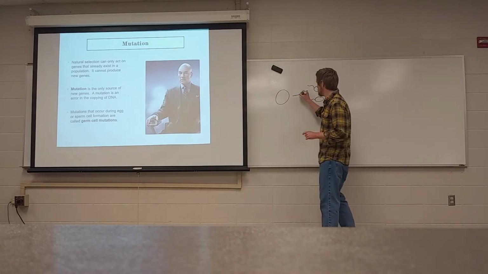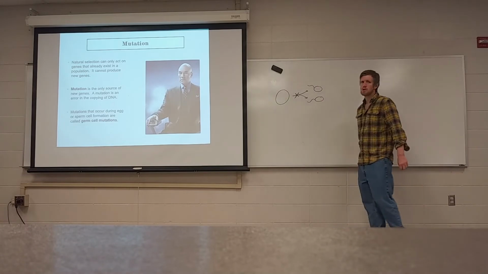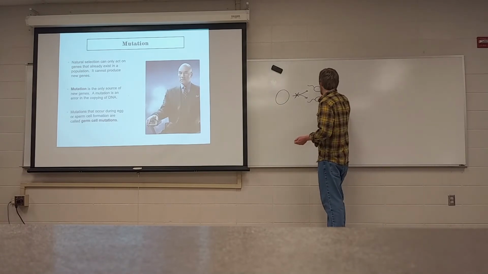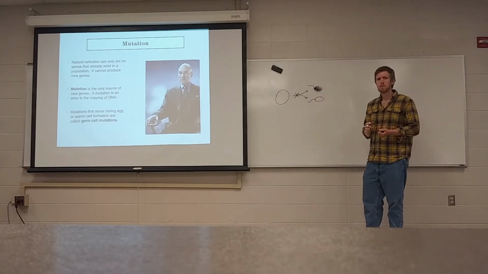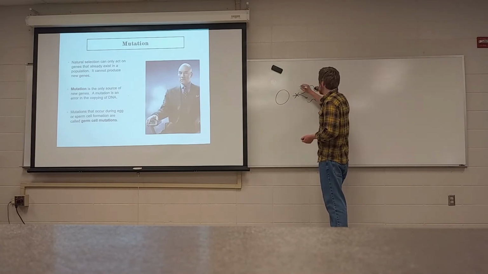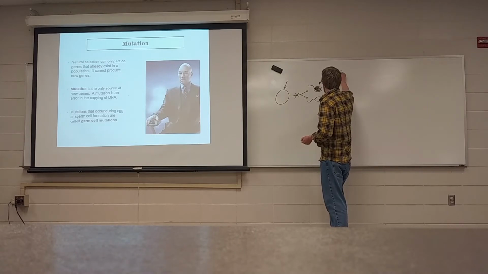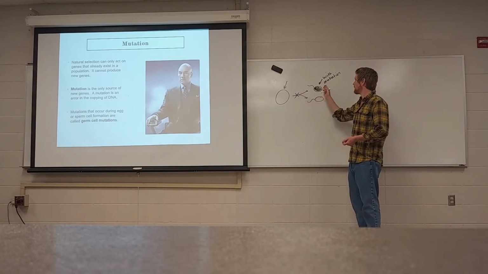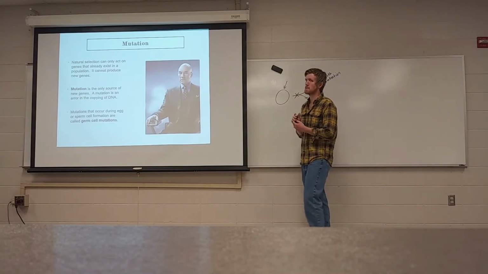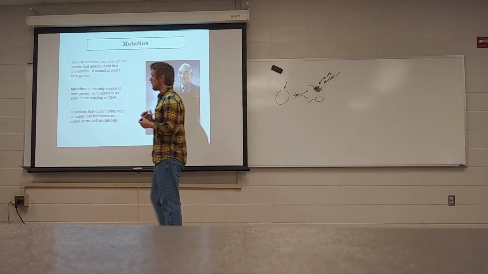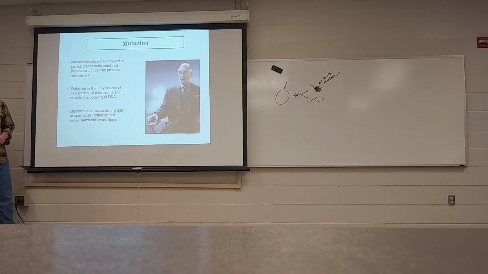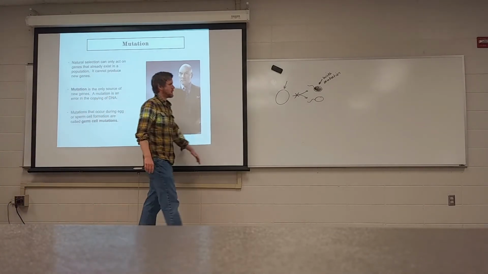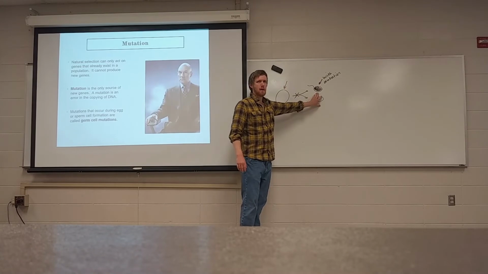If there is a mutation during the production of the sperm or egg cells, then the new offspring that will be produced are going to be genetically different from what was supposed to be passed on to them, because there was an error in the copying process when that sperm cell or egg cell was made. And that's called a germ cell mutation. And this is how you introduce mutations into the population.